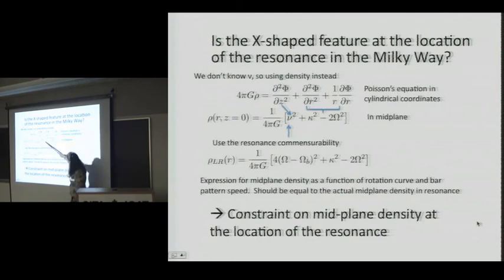And then if you have a resonance, you can replace that with other stuff that depends on the rotation curve, but now also depends on the bar pattern. So what I get is a function of density that depends on radius that should be equal to the density in the midplane only on resonance. So it turns out to be a constraint on the midplane density at the location of resonance.